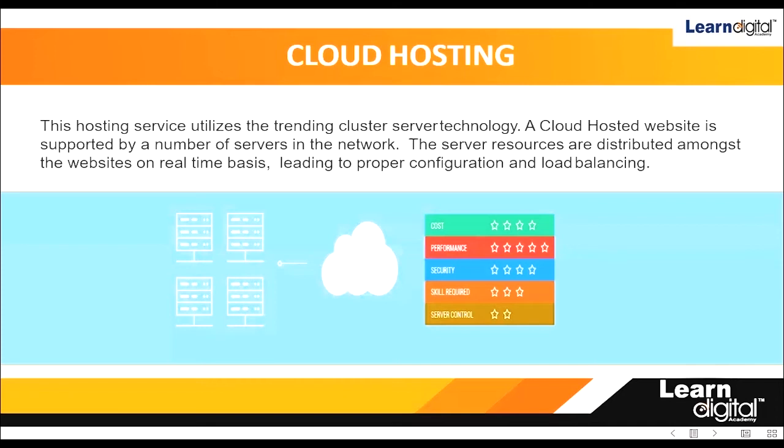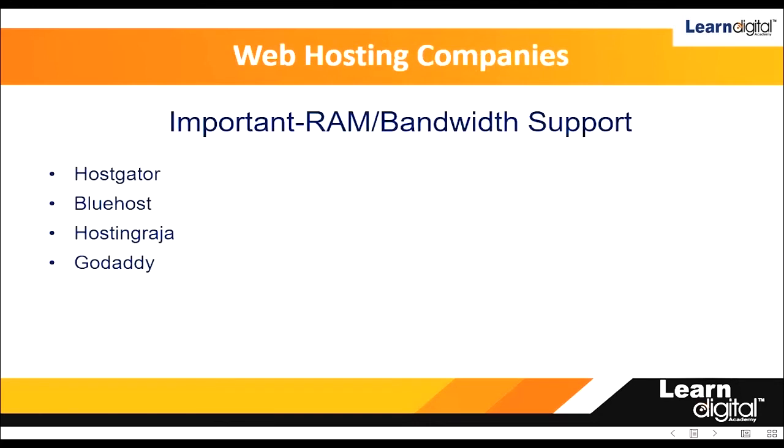Suppose any one of the servers fails, another server will take the complete backup of your website, and your website will be live 24 by 7, right? In case the second server fails, the third server takes the backup, right? So in cloud hosting, the servers are interlinked with each other, right?